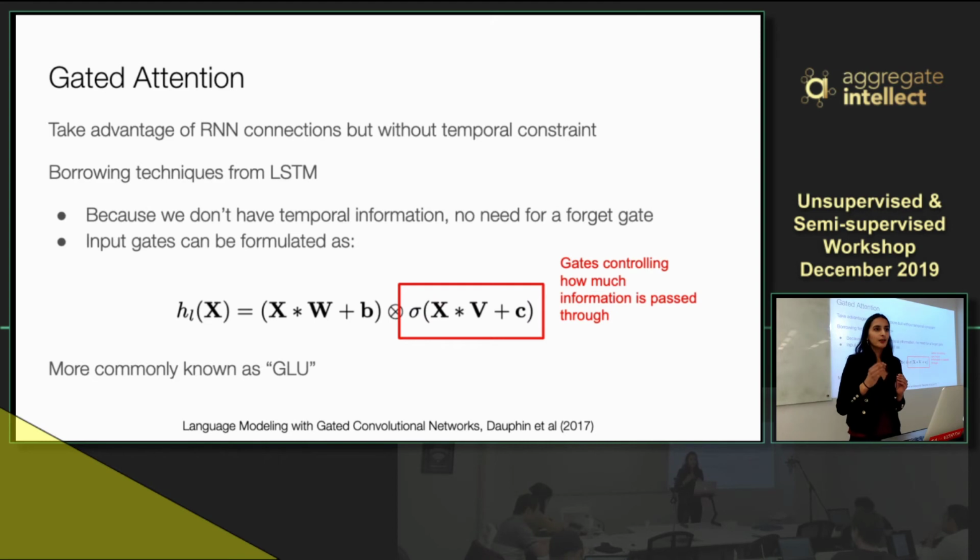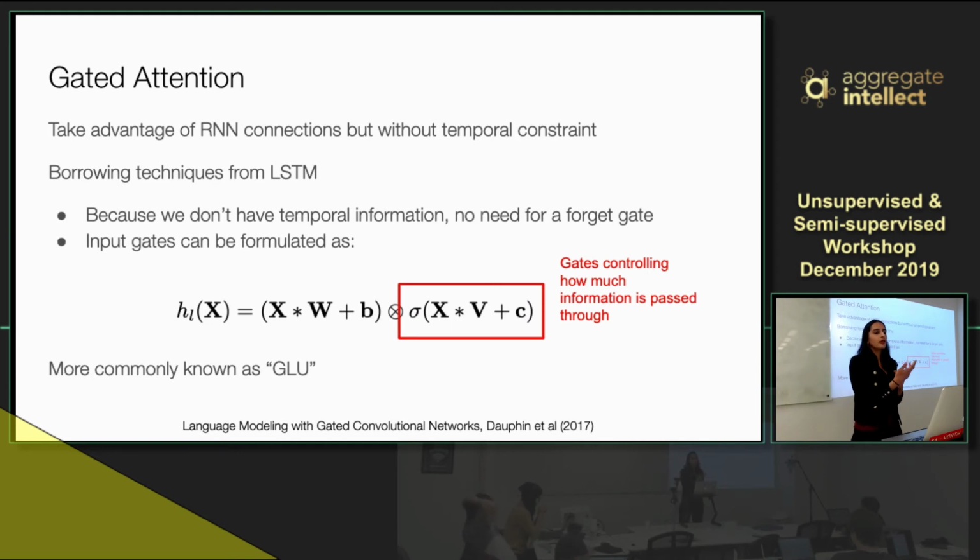So gating is a mechanism that was stolen from the LSTM community, the community working on recurrent neural networks. It was a way of letting through certain amounts of information, but not all the information, so that you could forget information from earlier time points, retain information, update your internal state, see more of your environment, or more of a text or a document, and then again update your internal state.